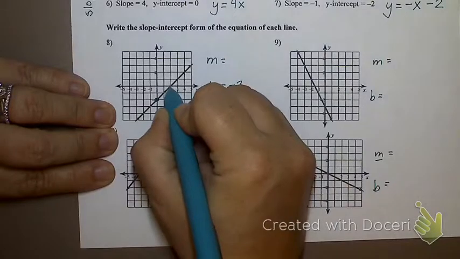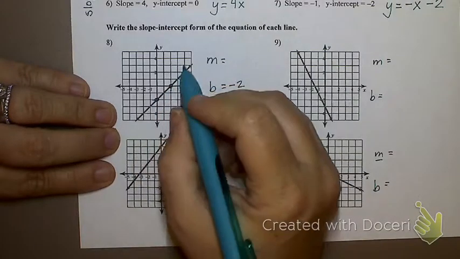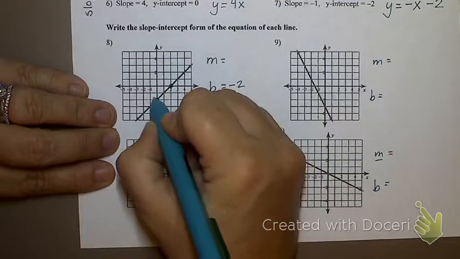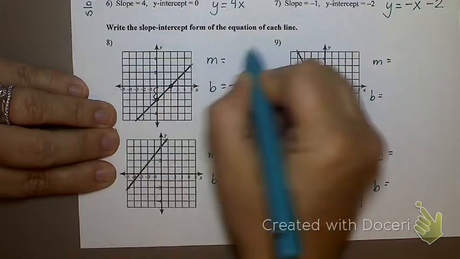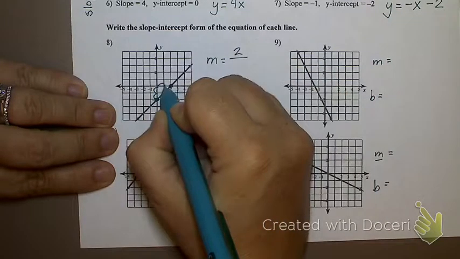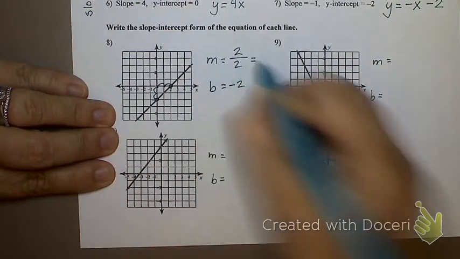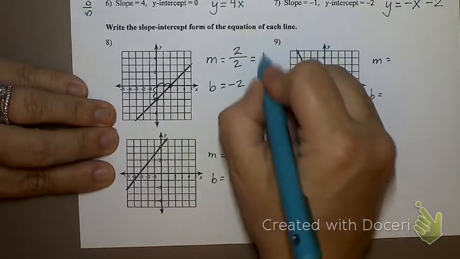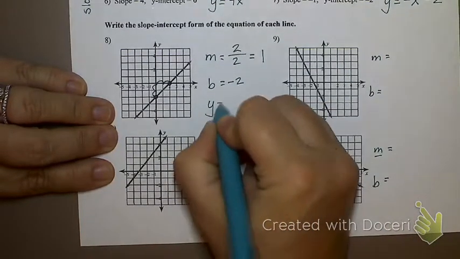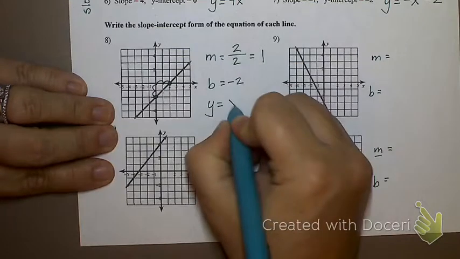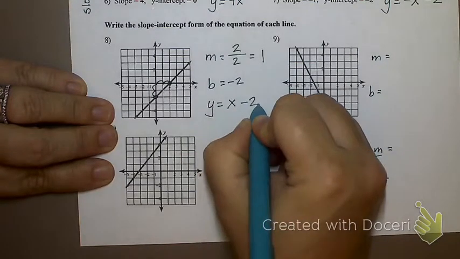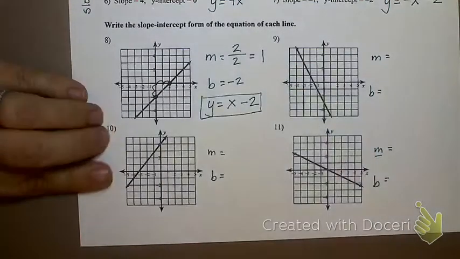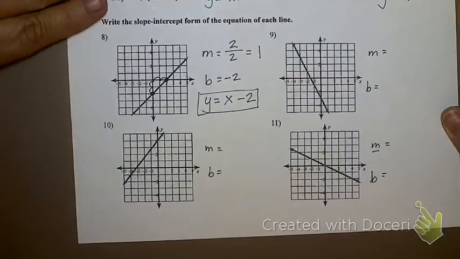How about the x-intercept? Because that's pretty easy, right? It's a direct crossing. So I have a rise of 2 and a run of 2, meaning my slope is what? So what's my equation? Y equals 1x, just write x, minus 2. Okay? Why don't you try the other 3?